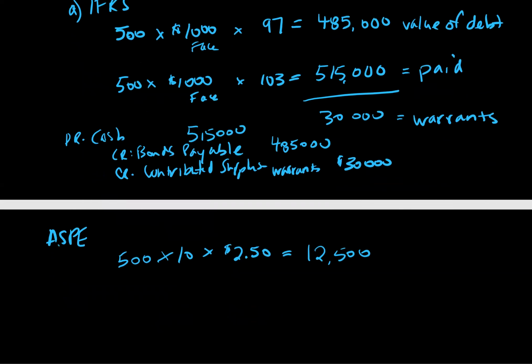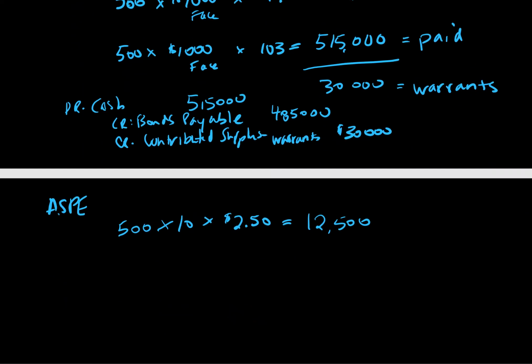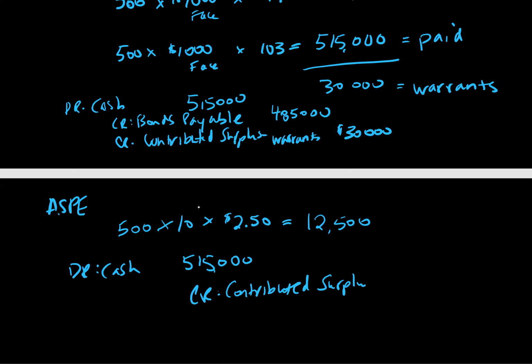So therefore, our journal entry under ASPI would be the cash that we paid is the same. So we know this number that we calculated above is the same. So we're going to debit cash 515,000. We're going to credit contributed surplus, warrants, and this is going to be our 12,500 that we calculated right here.